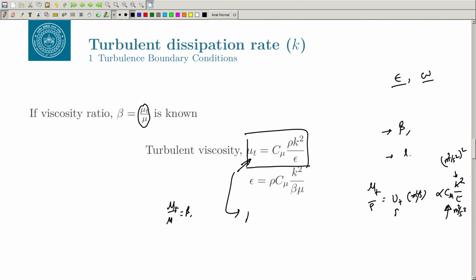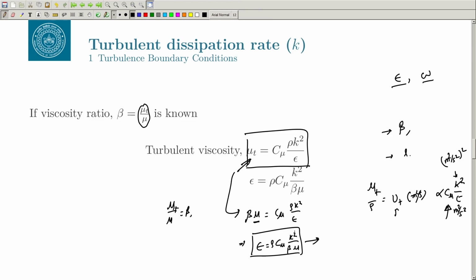So, this will become beta mu is equal to C mu into rho k square by epsilon. Then you can get the value of epsilon from this, which will be C mu rho k square by beta mu. You know the viscosity from your Sutherland's law. From that you can calculate your dissipation rate.